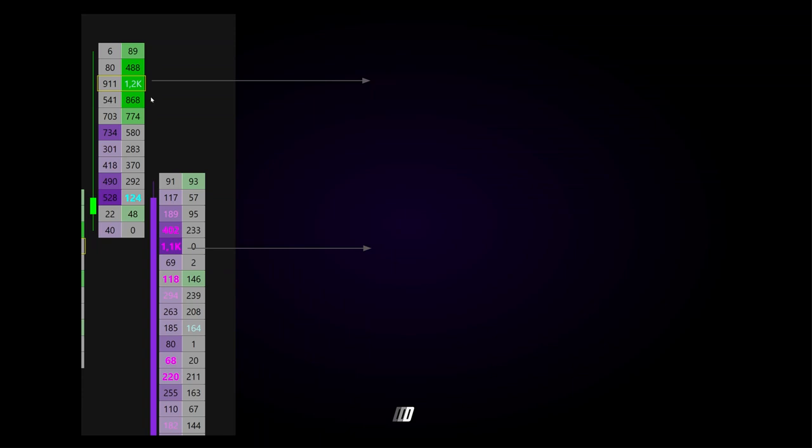So the first thing we want to see when we see absorptions in big orders is, for example, in a 1-minute candle in the ES, we want to see at least 1,000 contracts. Okay, that's our minimum threshold. We want to see a lot of green or a lot of purple based on the delta.